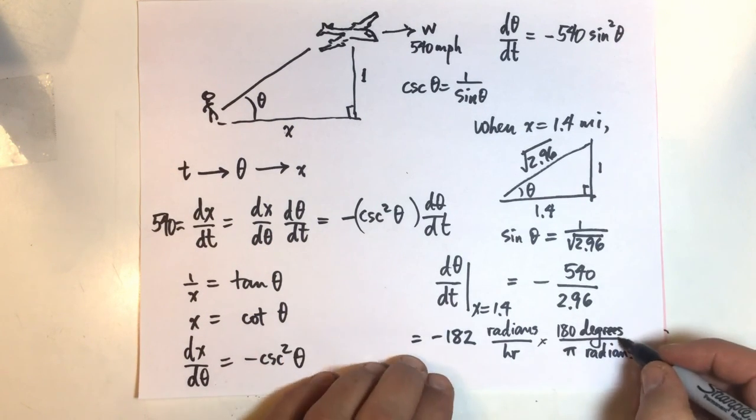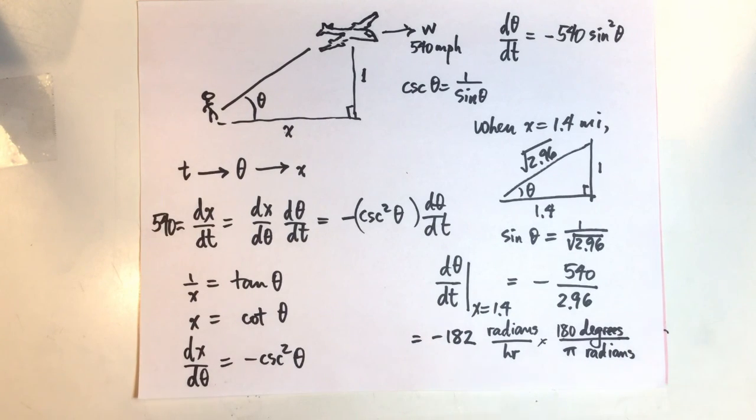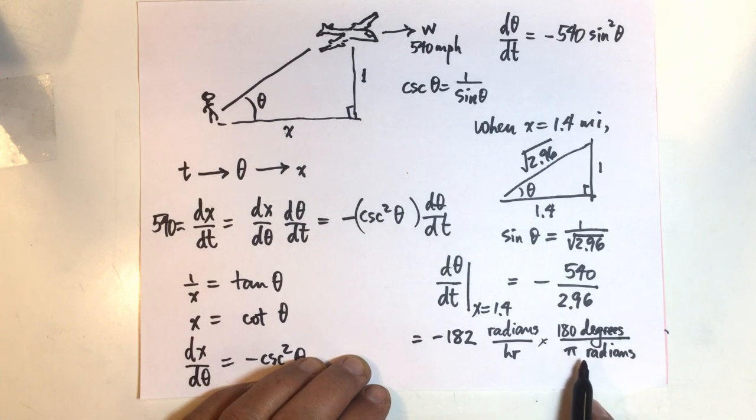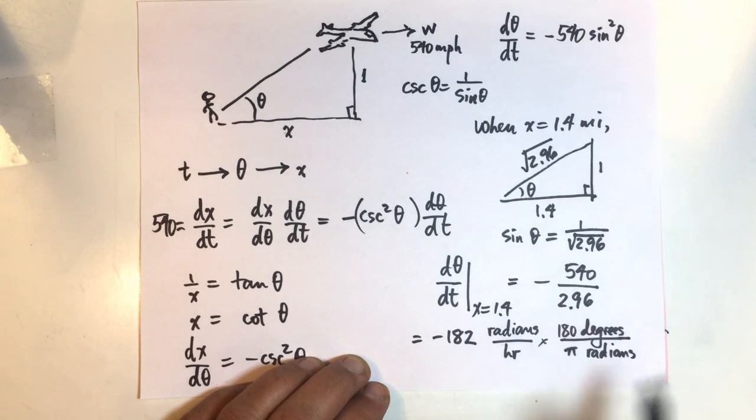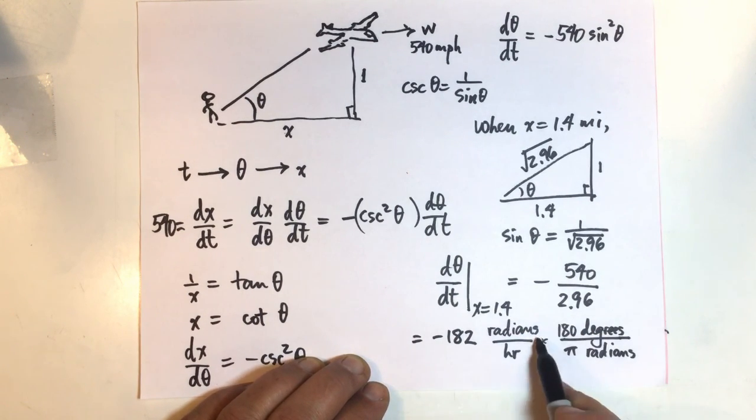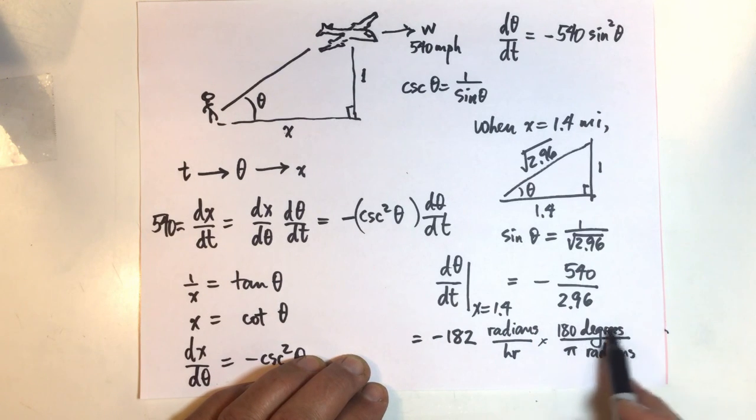I don't know how you do your conversions, but this is the way that I remember it. So the thing is, I'm not changing the answer. If I multiply by 1, I'm taking this answer and multiplying it by 1. I have a fraction where top and bottom are the same. 180 degrees is the same as pi radians.